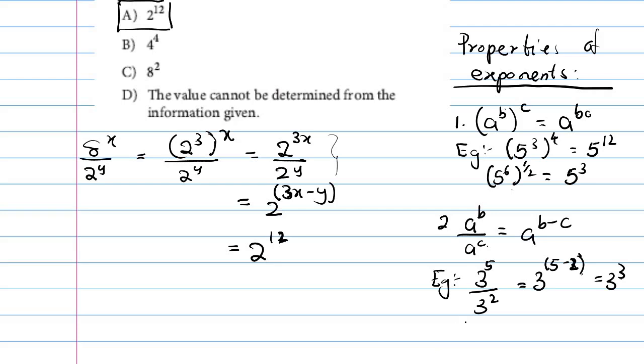Let's say you have 7 to the 4 over 7 to the 10. This becomes 7 to the 4 minus 10, which is negative 6, so 7 to the negative 6. Even though you have a larger number in the denominator, it just becomes a negative. You just bring it up negative. That's how it works.